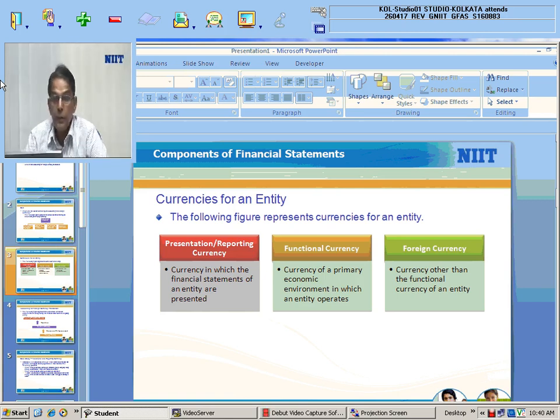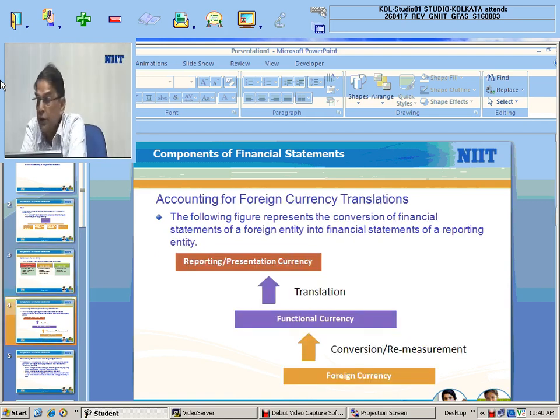Okay, thank you. So how is the conversion of the financial statements of a foreign entity into the financial statements of the reporting entity done? All transactions done in foreign currency, that means neither in the currency of the reporting entity nor in the functional currency of that foreign entity, will be converted or remeasured into the functional currency first.